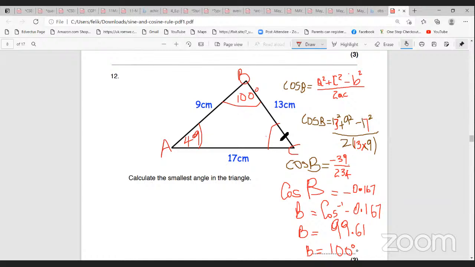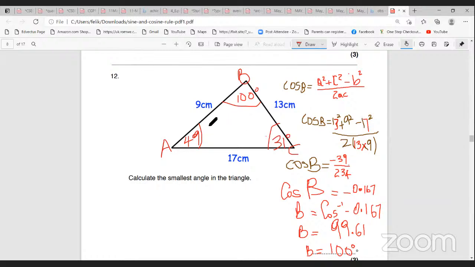Remember, it's 180, not 200. 31. All right, so this is 31 degrees.